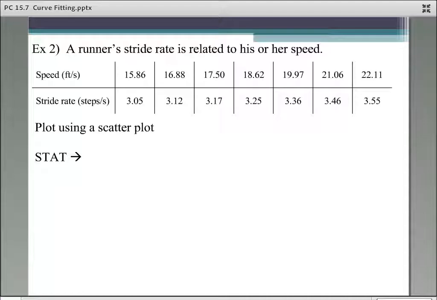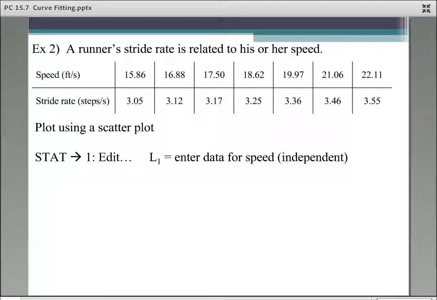There's your stat button. So you want to hit stat and then edit. Just hit enter for edit.